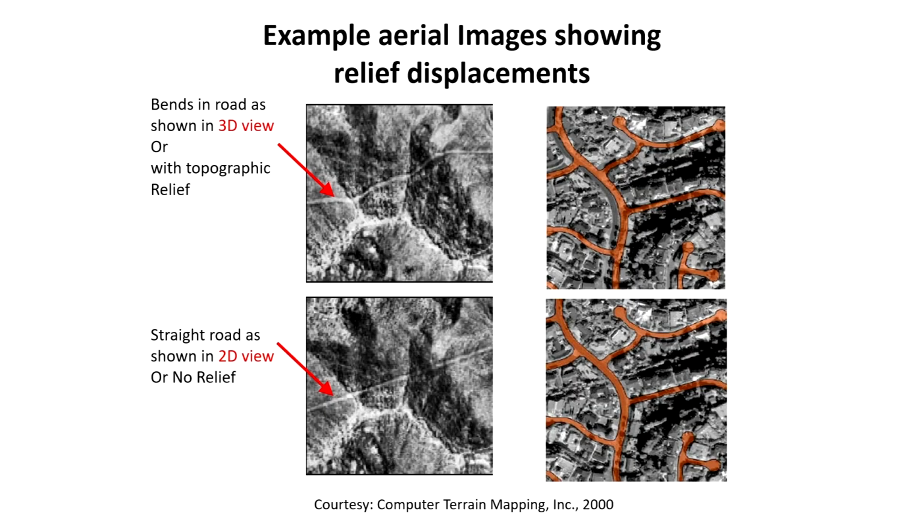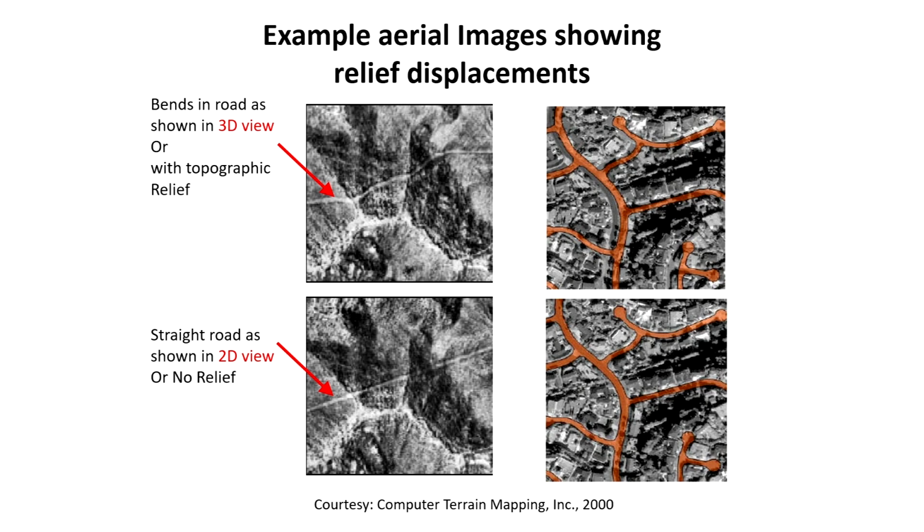For example, these are two photographs: bends in a road as shown in 3D view with topographic relief, and a straight road as shown in 2D view with no relief. So you will find these issues in the photographs.